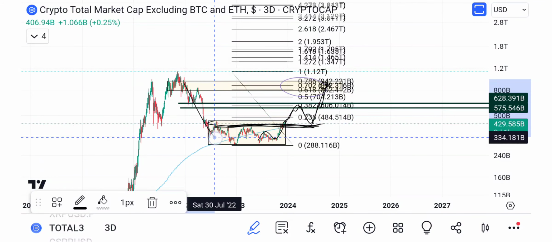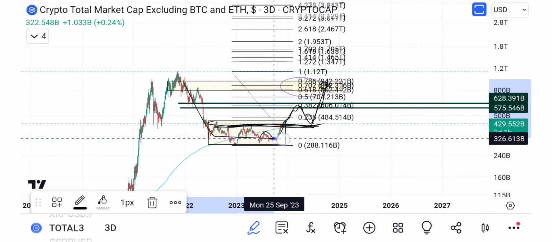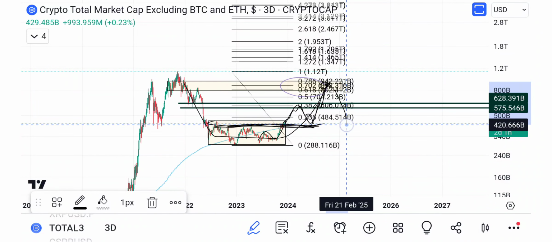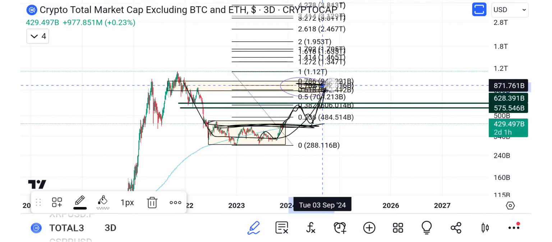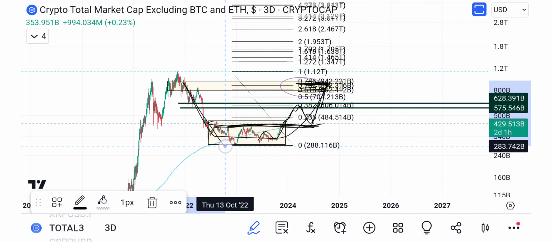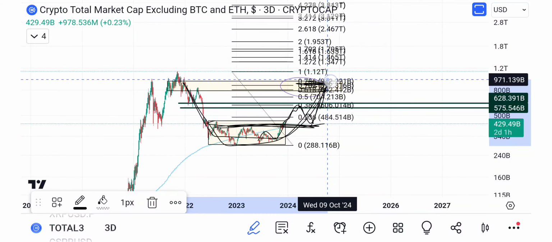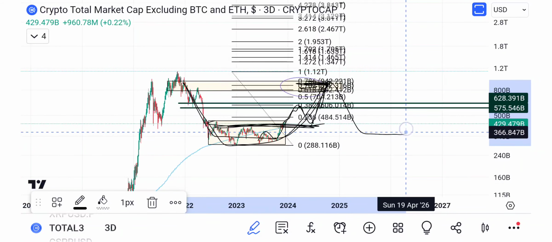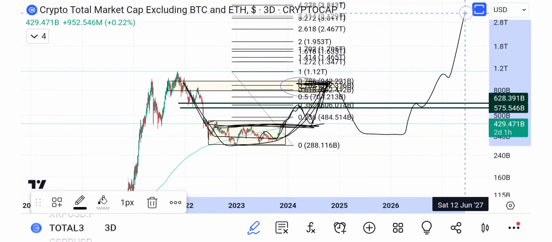So we have this crash, we have this retrace, and then what happens next? We come down for reaccumulation. So here's my grand thesis. If we don't get above the 786, number one, this is a crash, a retrace, reaccumulation. And then we come sideways for a bit, and then we start our new bull run.